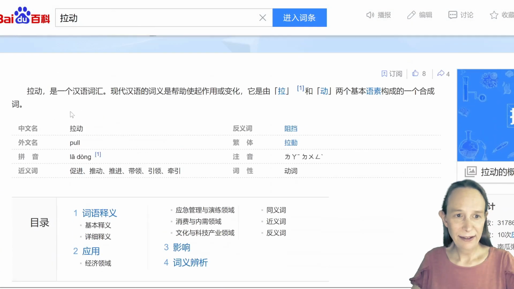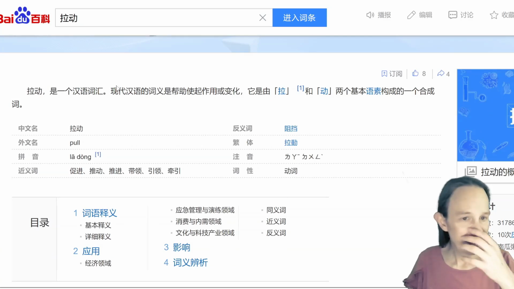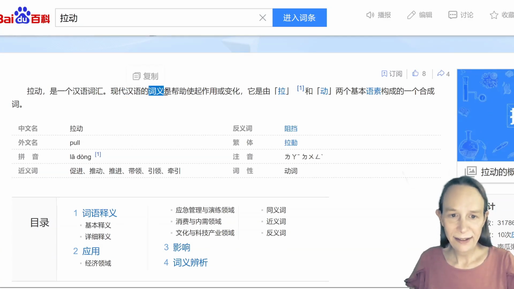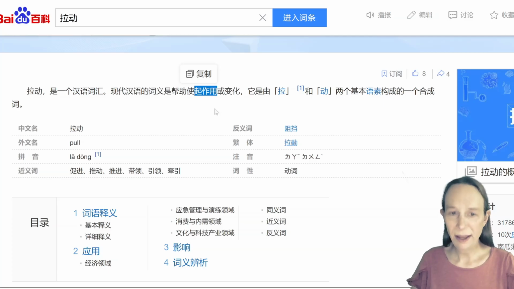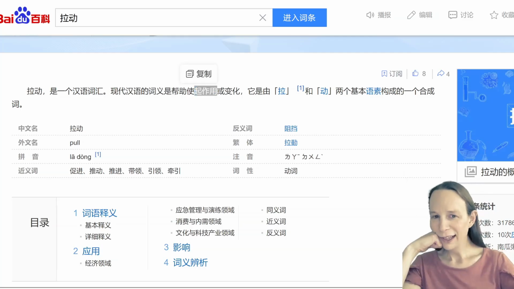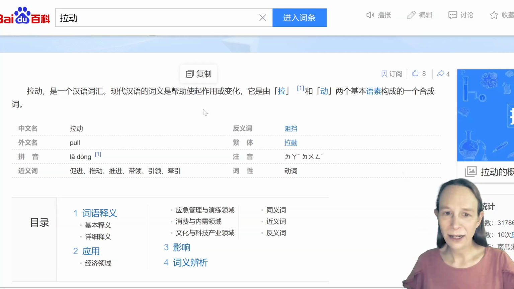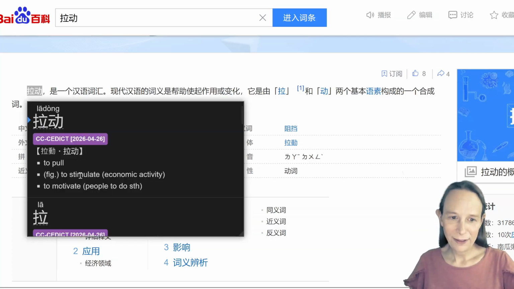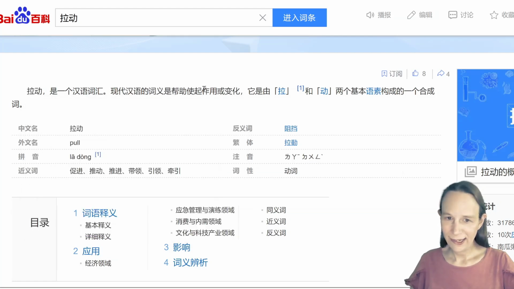Let's just look it up here. 拉动这个汉语词汇，近代汉语的意思是帮助使其起作用的变换。Okay, so you assist something and thereby cause it to function or change. Stimulate, motivate.